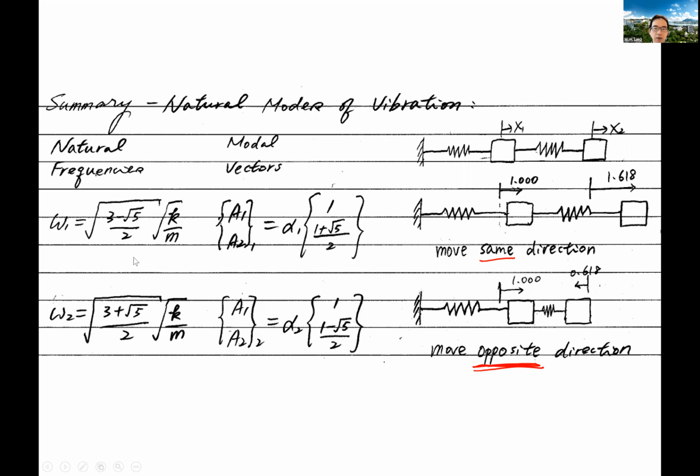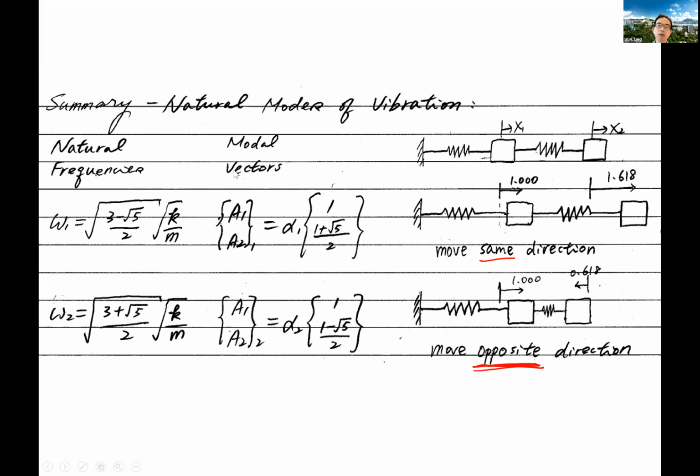The difference here is a plus and minus, because we are solving the eigenvalue of the system. You know eigenvalue and eigenvector from matrix algebra. Here the natural frequency comes from the square root of the eigenvalue. So we got 2 frequencies, and then the modal vector, which is the corresponding eigenvector.